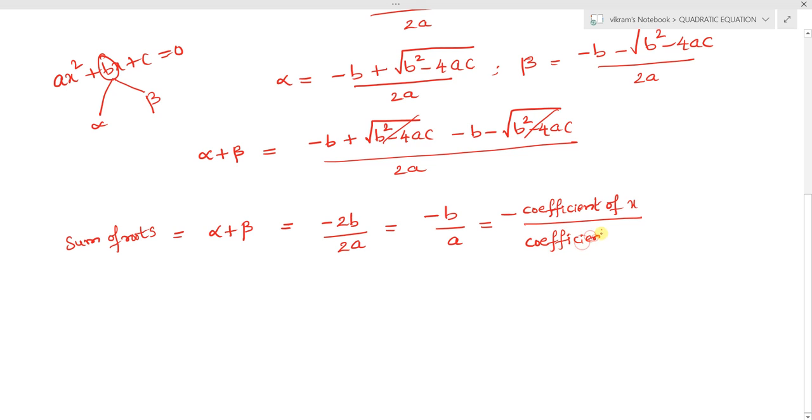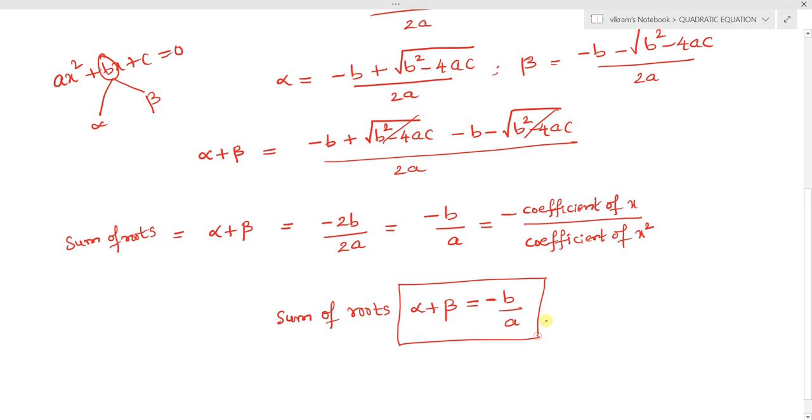So the sum of roots alpha plus beta, in terms of the coefficients, is minus the coefficient of x divided by the coefficient of x square.